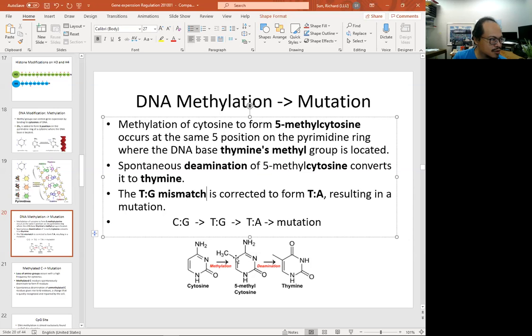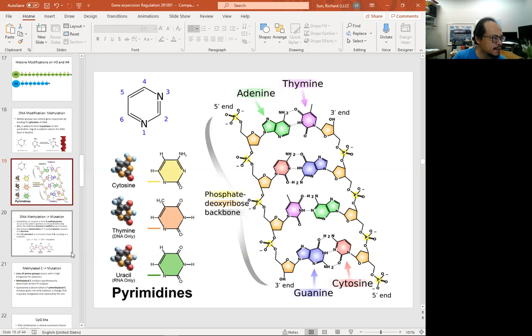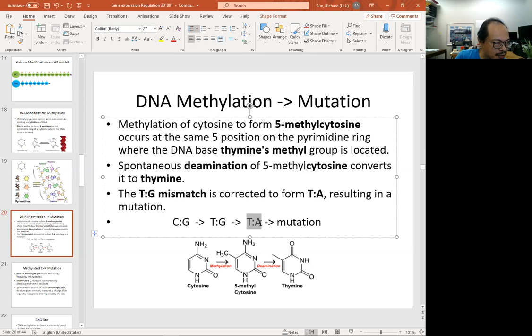So in the beginning, we have this CG pair, and the C becomes T through the methylation and deamination. Now TG is not correct. TG needs to be fixed. TG can be fixed back to CG or fixed to become a TA. And if it happens to be the TA, then it will lead to a mutation.